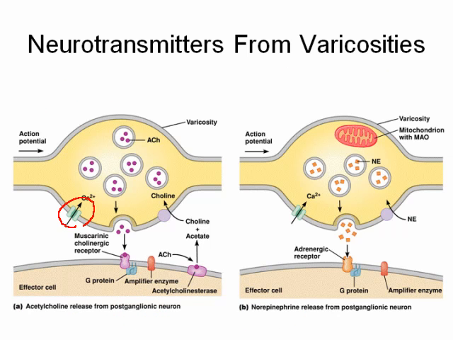So in both cases, we have calcium coming in. We have vesicles of neurotransmitter. Those vesicles release the neurotransmitter. The neurotransmitter diffuses across the synaptic space, binding to receptors.